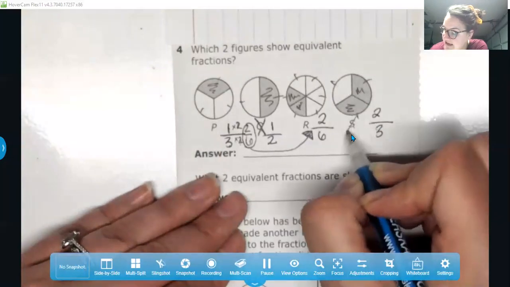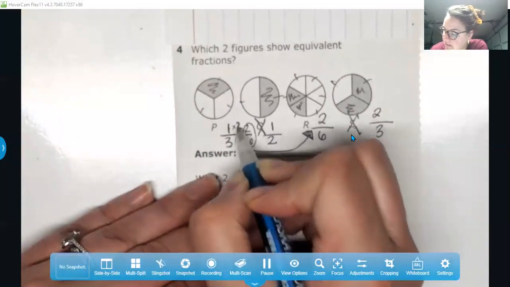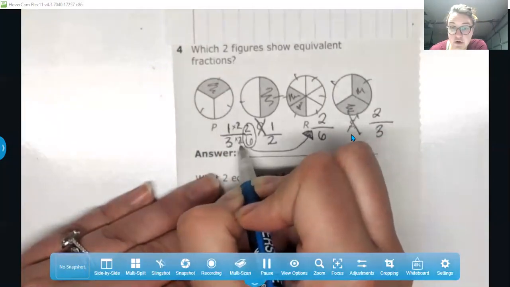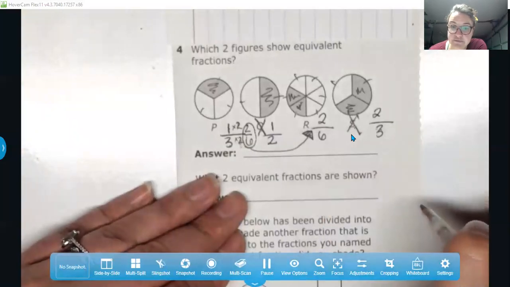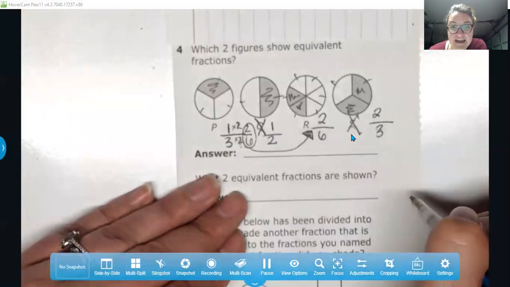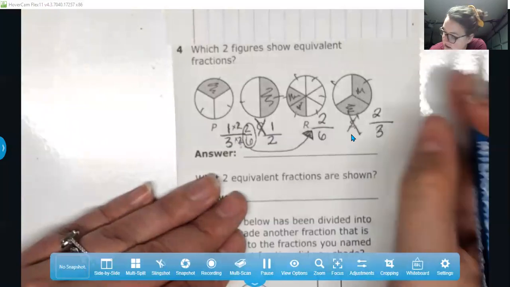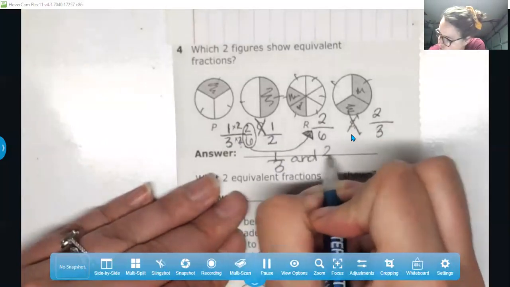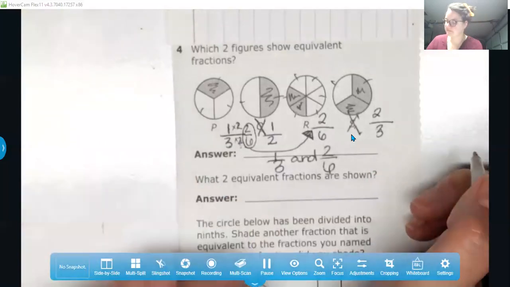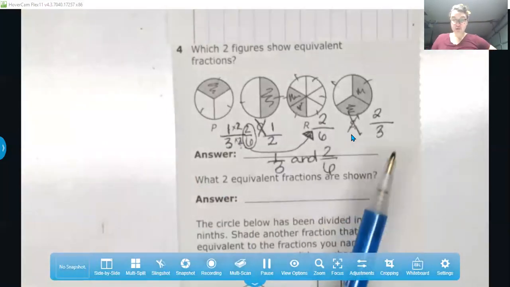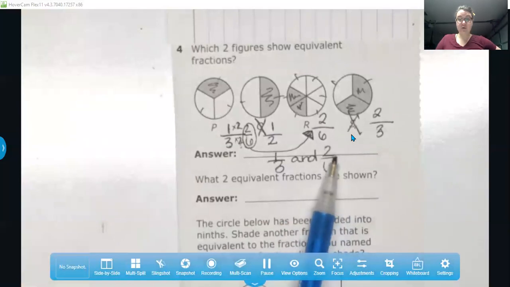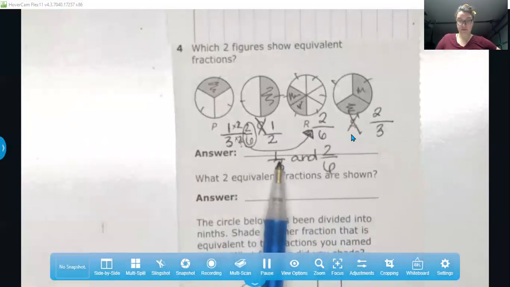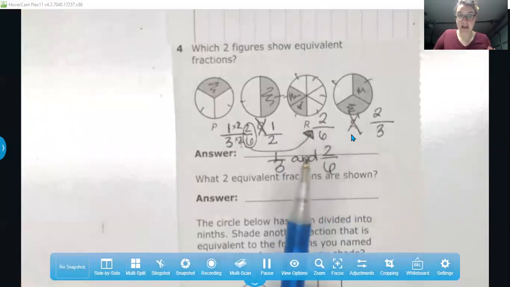But it can't be S, because when I multiply the bottom by something different from the numerator, that doesn't work. So my answer here is 1/3 and 2/6. 2/6 is equivalent to 1/3. 1/3 is the simplified version of 2/6.